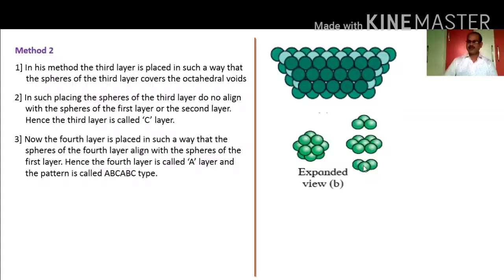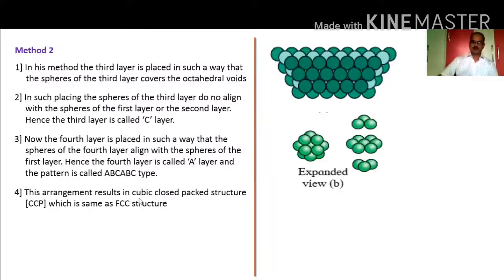On the front side you can see only one complete sphere. But in the layer above, on the front side you can see two complete spheres. So this is first layer, this is second layer, this is third layer. These three layers are not identical. So A, B and C are the labels given to these three different layers. So this type of arrangement is ABC type of arrangement.